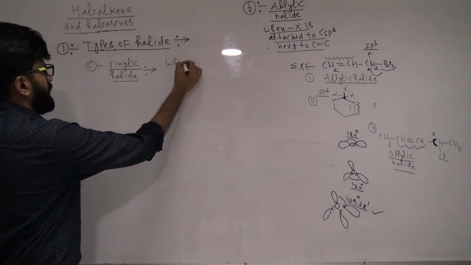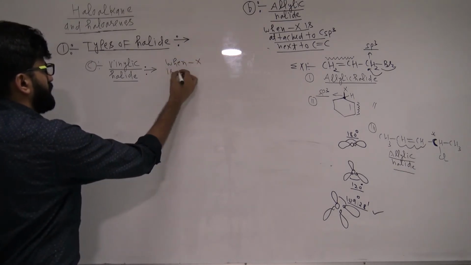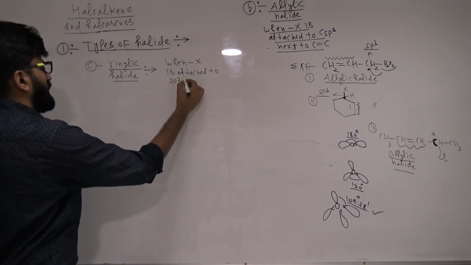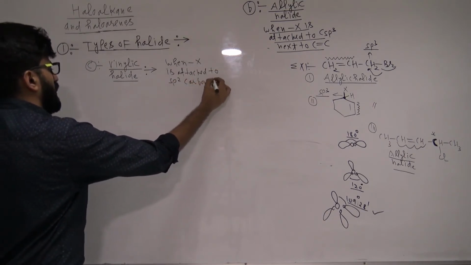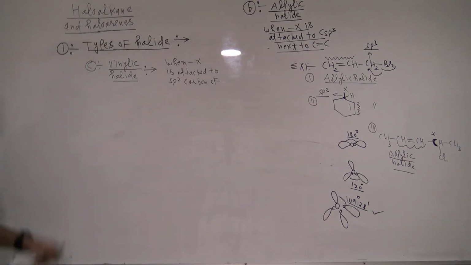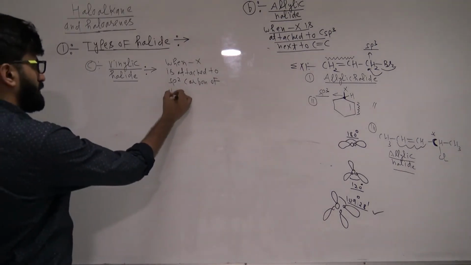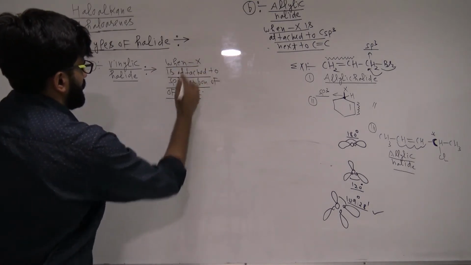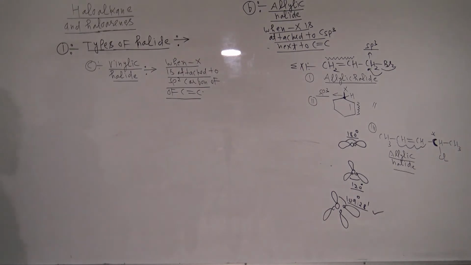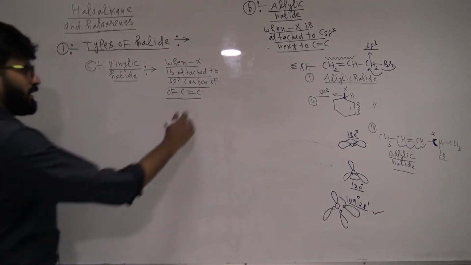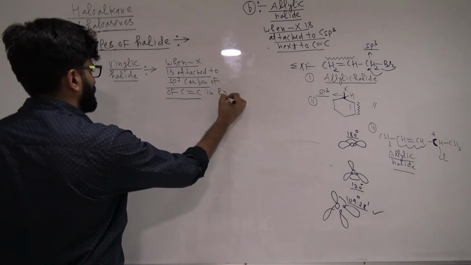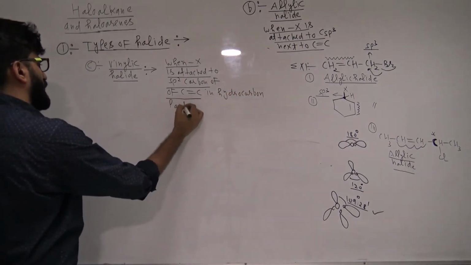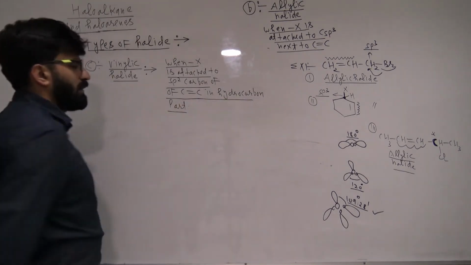When halogen is attached to an sp2 carbon of C double bond C, in the hydrocarbon part, then, guys, we call it vinylic halide.